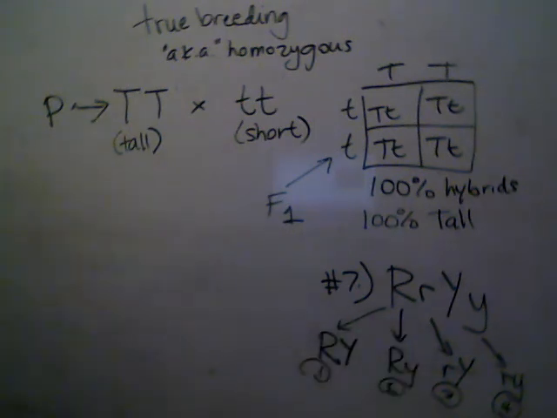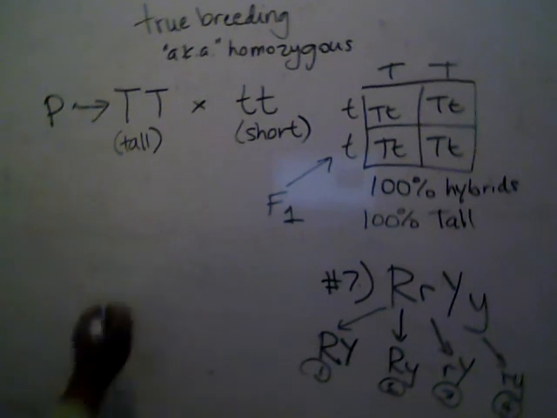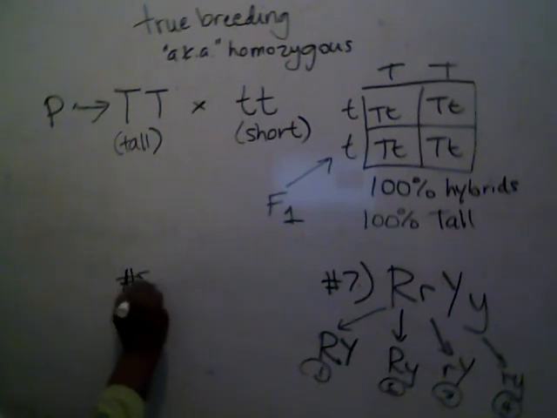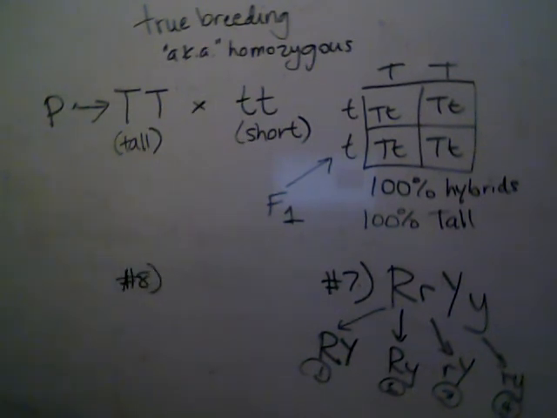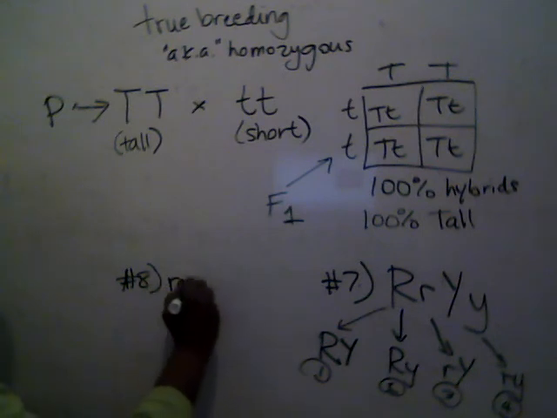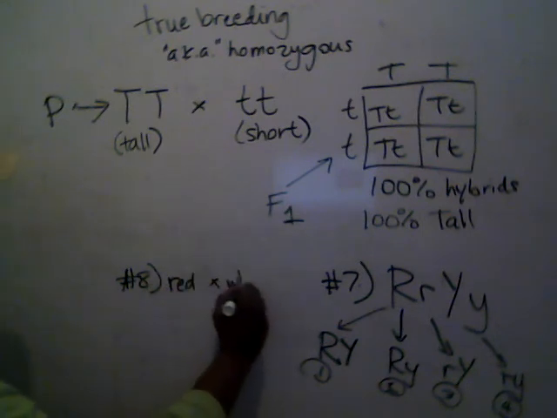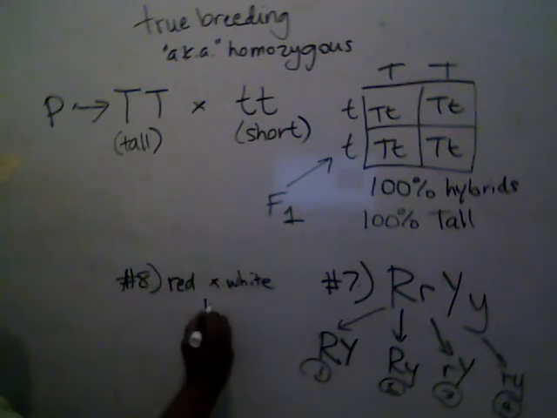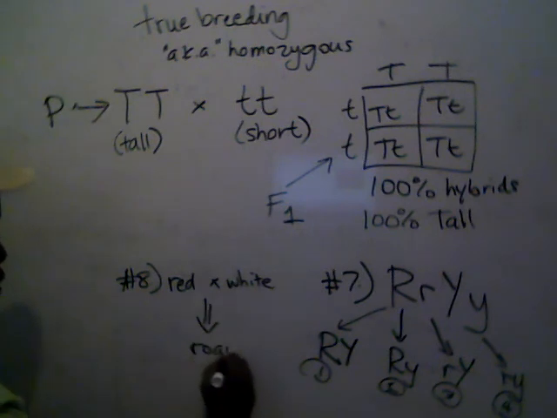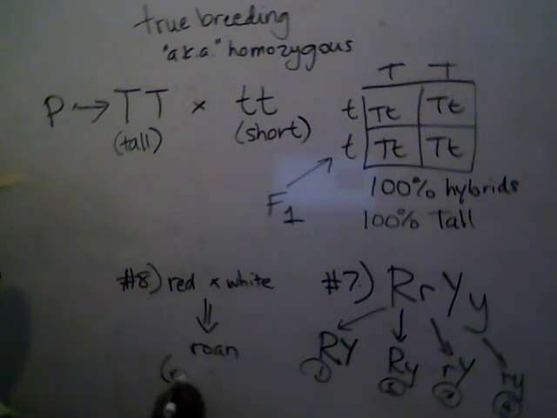Okay, so then that takes us to the last question, number 8. So for number 8, they say that we had a red bull crossed with a white bull, and they somehow produce roan. Well, roan is red and white.